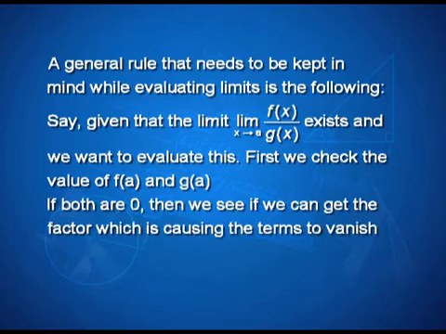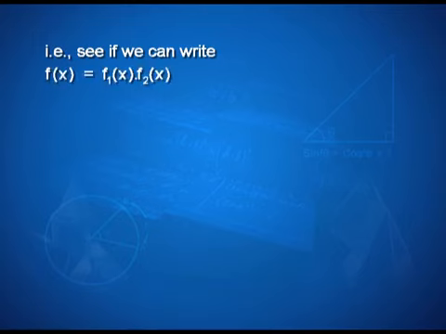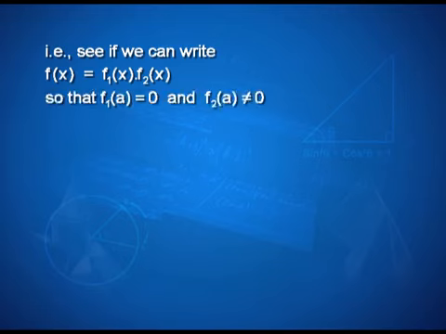If both are 0, then we see if we can get the factor which is causing the terms to vanish. That is, see if we can write f of x is equal to f1 x into f2 x, so that f1 a is equal to 0 and f2 a is not equal to 0.